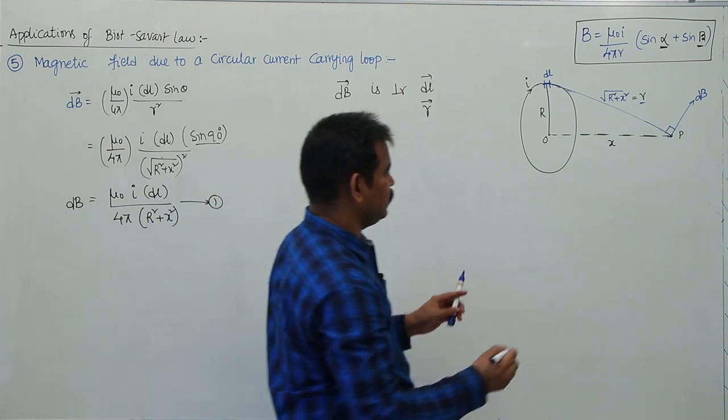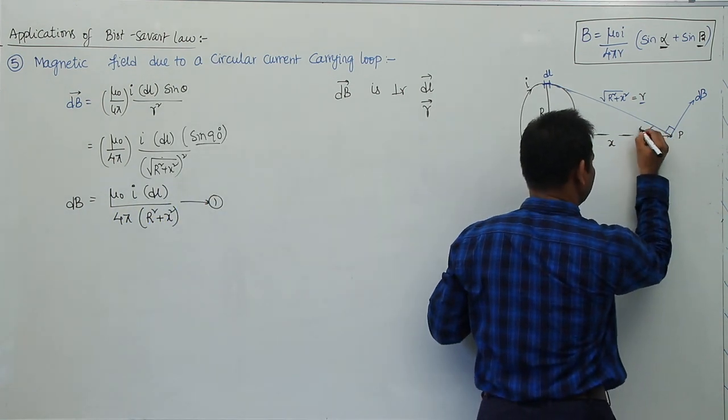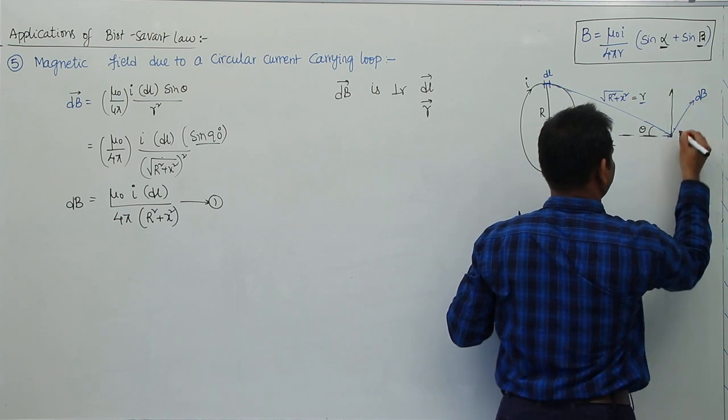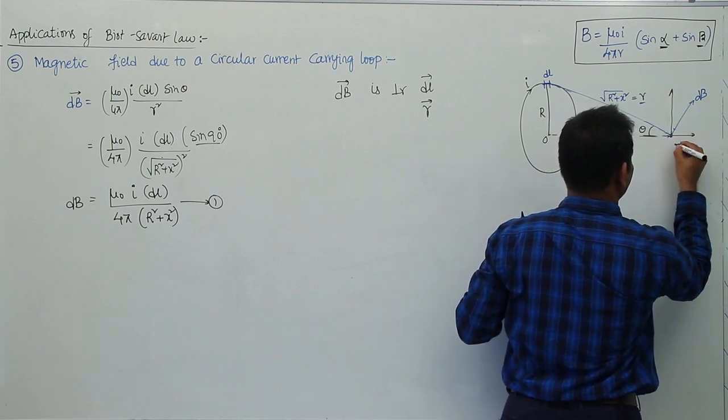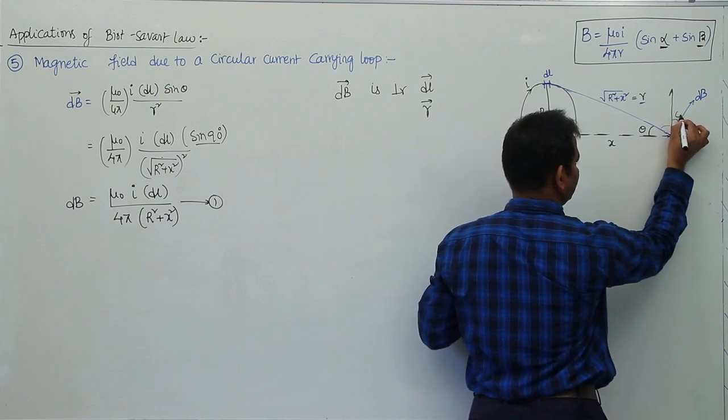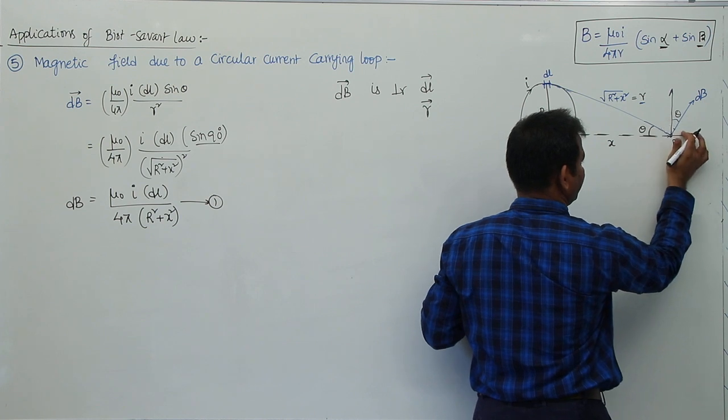Now if you denote this angle with theta, you can resolve this into two components. If it is theta, this is 90 minus theta. Once again, this will be theta, and this is 90 minus theta.